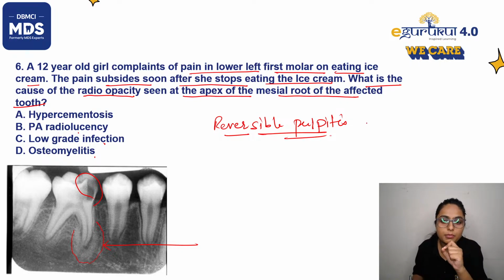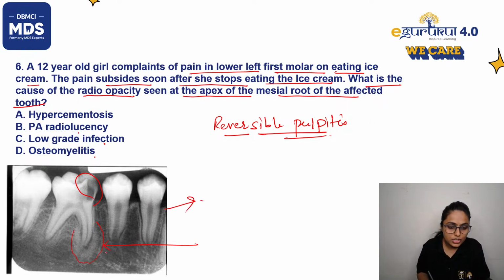That is, cold stimulus will exaggerate the pain. Now, by looking at the radiograph, you should identify the condition. This condition is basically called condensing osteitis.